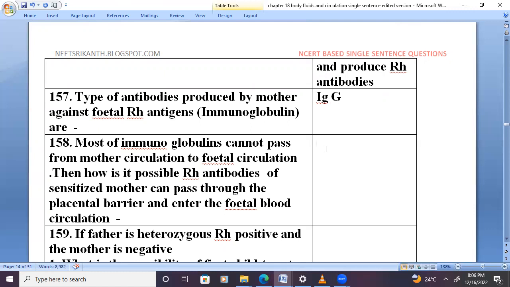Then how is it possible that Rh antibodies of a sensitized mother can pass through the placental barrier into fetal blood circulation? Rh antibodies are IgG type, which are smaller in size, and can cross the placenta.